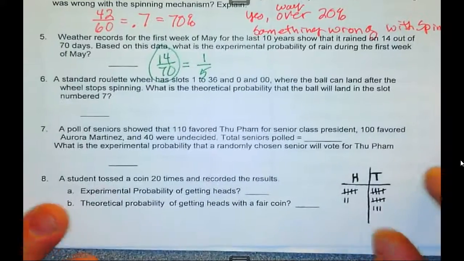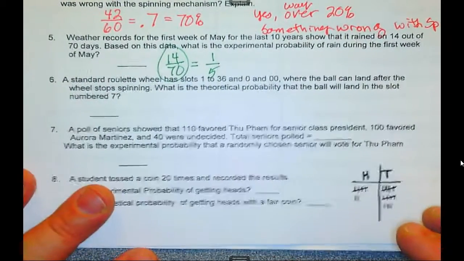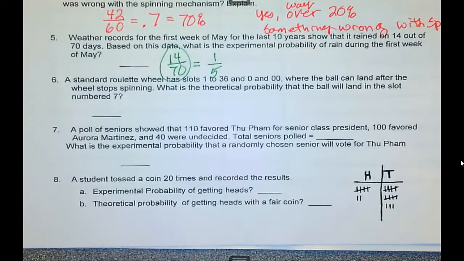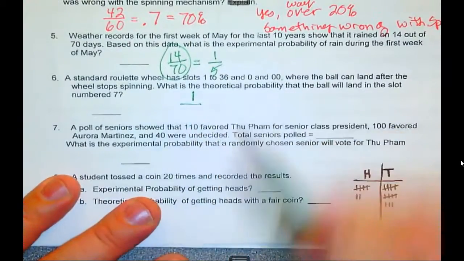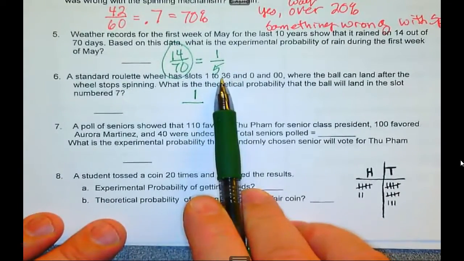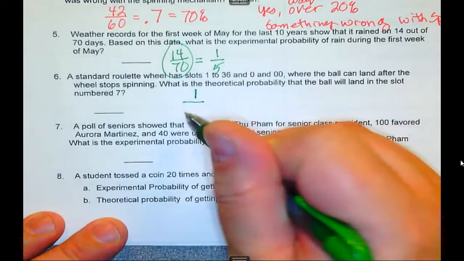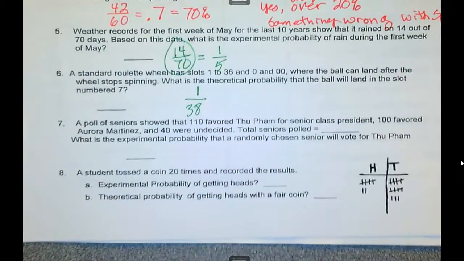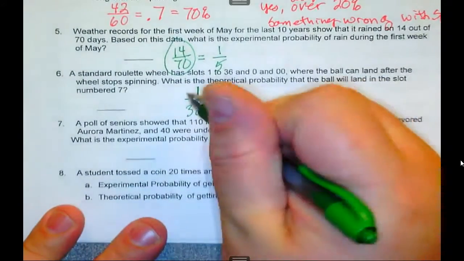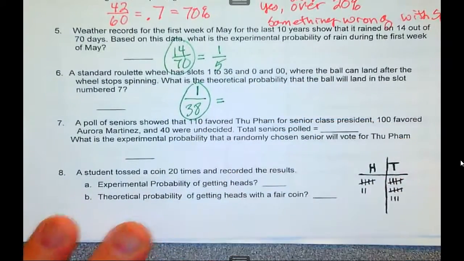You're funny. Okay, what is the theoretical probability that the ball will land in the slot number 7? Well, we have slot number 7, 1, and we have 36 and 0, 37, 38. Actually, this one's pretty good to divide out.